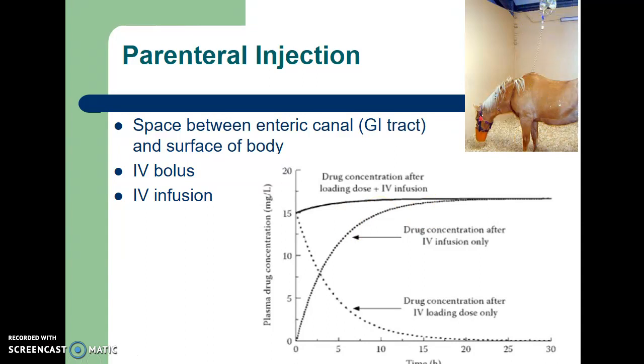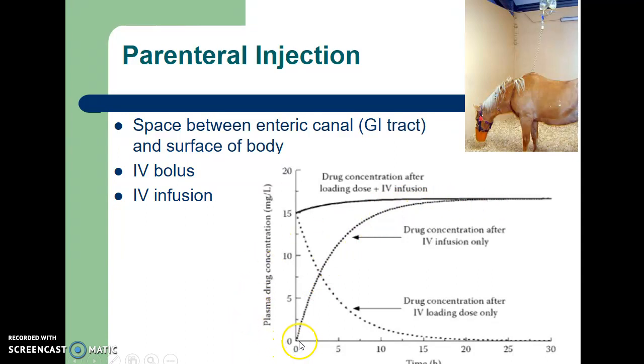This is how we give horses these, several 5-liter bags that are mounted, and as one empties, the next one will provide the flow into the horse's catheter, which is in the neck somewhere. This looks like a horse that has colic because it has a muzzle, so it won't eat. It's just getting fluids. So gradually that drug would increase in concentration and then reach the steady state concentration.